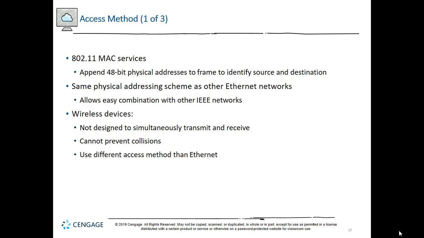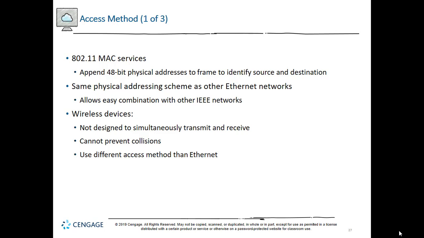We talked about how the data link layer, specifically the MAC sublayer, is responsible for adding physical addresses to a data frame and for governing multiple nodes' access to a single medium. Like 802.3, the Ethernet standard, 802.11 appends a 48-bit hexadecimal address to a frame to identify its source and destination.